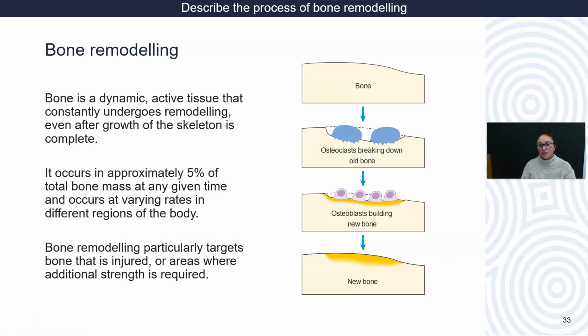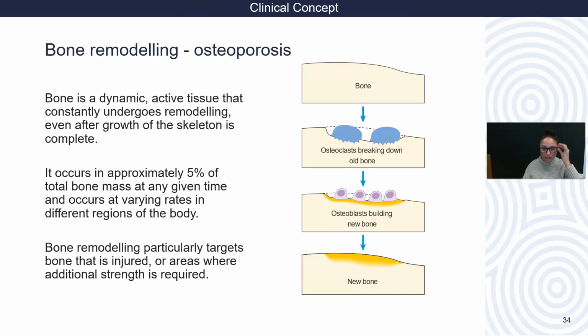Now, this is important because bone remodeling, as I said, happens throughout life, and it's a completely normal process. Your osteoclasts are going to break down old bone that needs to be replaced. Your osteoblasts are going to make new bone. Happy days. But sometimes this doesn't work like it should. Osteoporosis means your bones are very brittle, which means your osteoclasts are being too active.